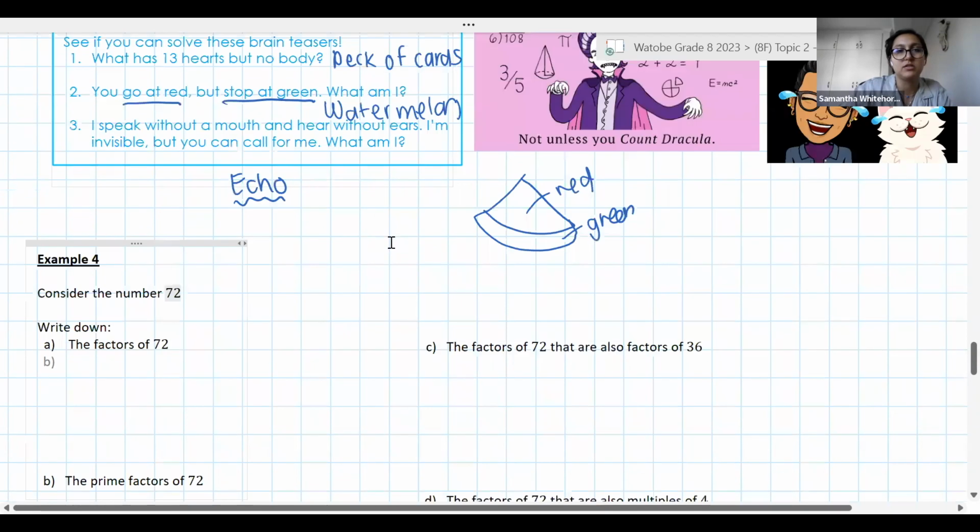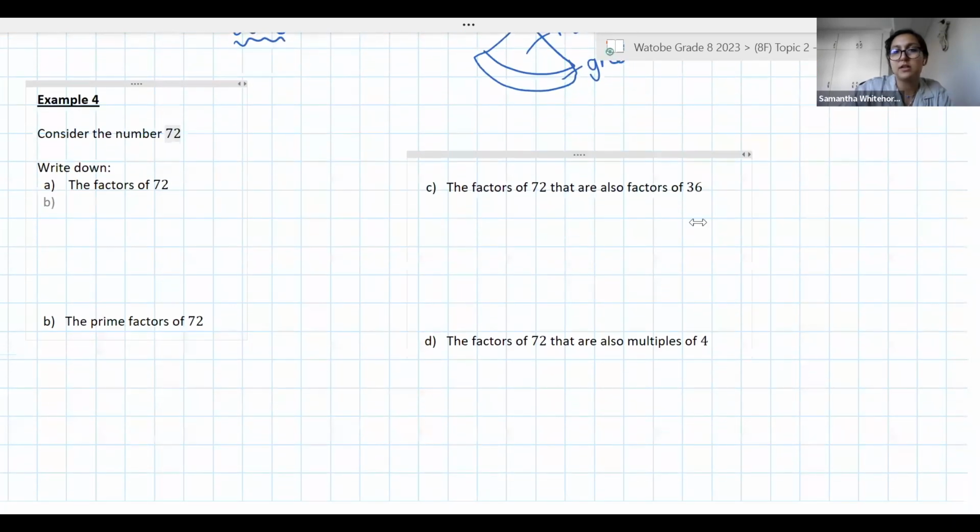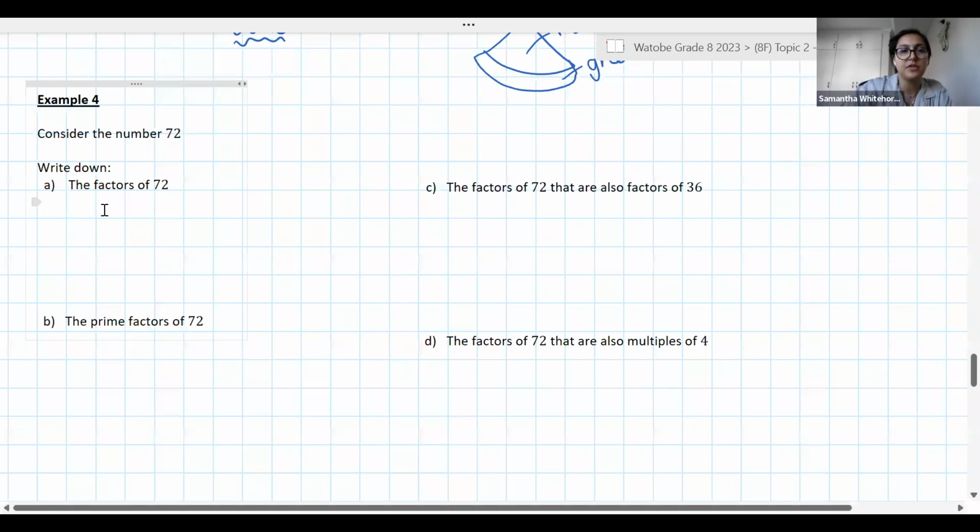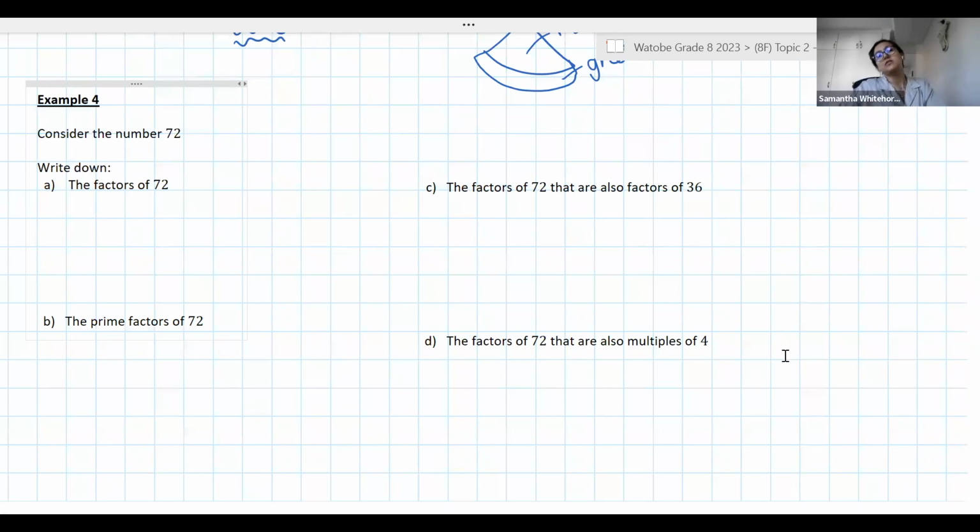Okay, let's do 72 just because you guys seem to be on it. First one, factors of 72. Next one, the prime factors of 72, the factors of 72 that are also factors of 76, and the factors of 72 that are also multiples of 4.